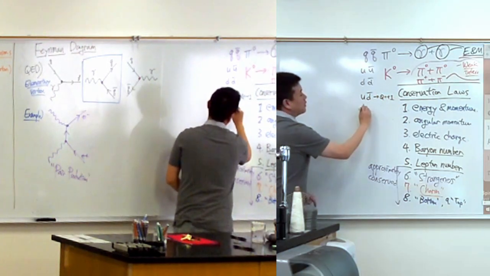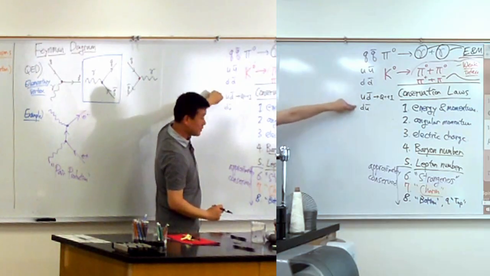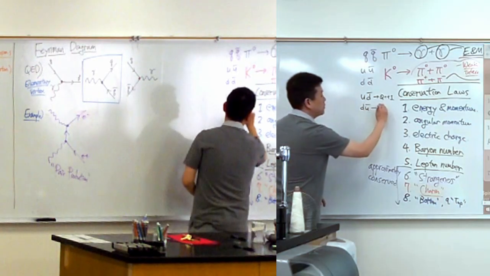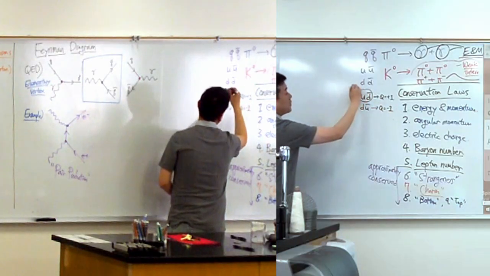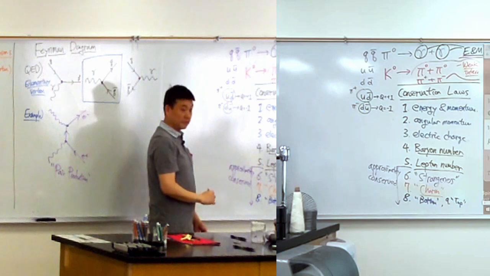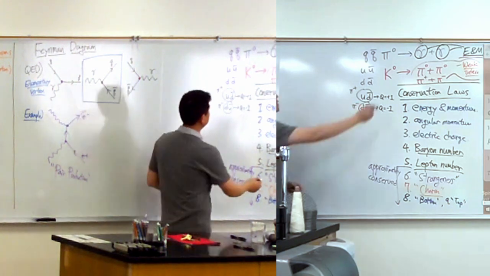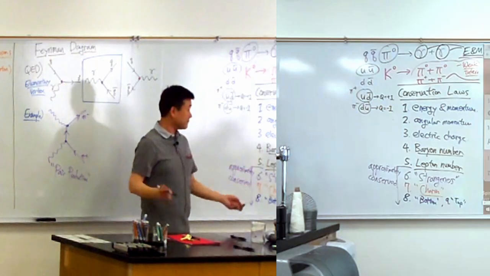Or if you have a down quark and an anti-up quark, which is the antiparticle version of this, this will lead to Q equals minus 1. So this is what pi plus is, and this is what pi minus is. So for this neutral pion, let's say it's made up of up and anti-up quark.